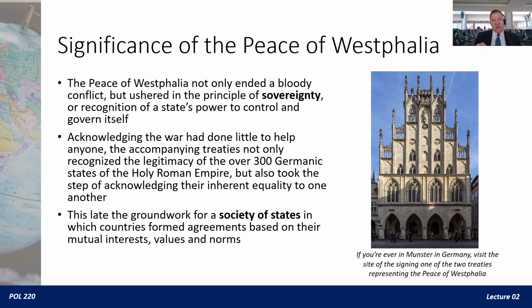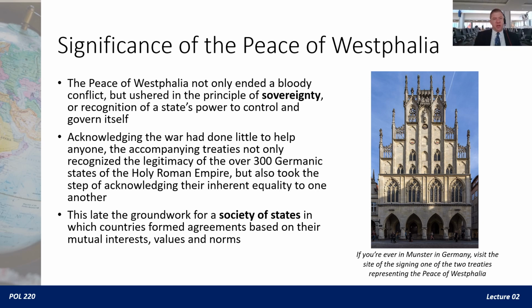So let's go back to the significance of the Peace of Westphalia. It not only ended this bloody conflict, but it ushered in this principle of sovereignty, where for the first time we have a legal recognition that these are your borders and you have the power to control that. These are mine. Let's steer clear of each other. It gave the first legitimacy to this idea that another state has the ability to govern itself.